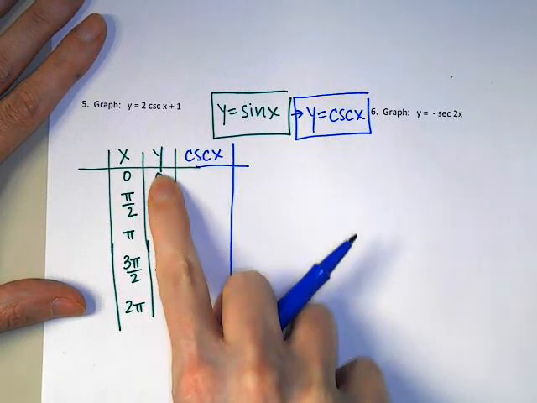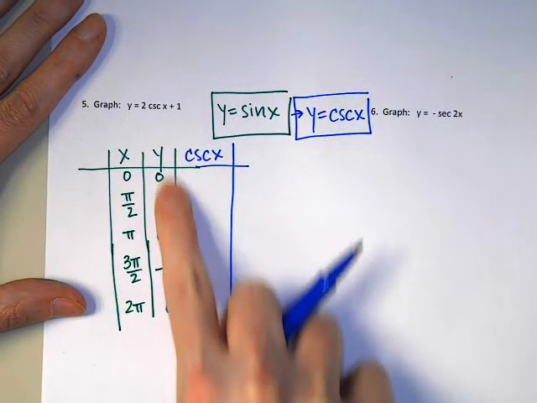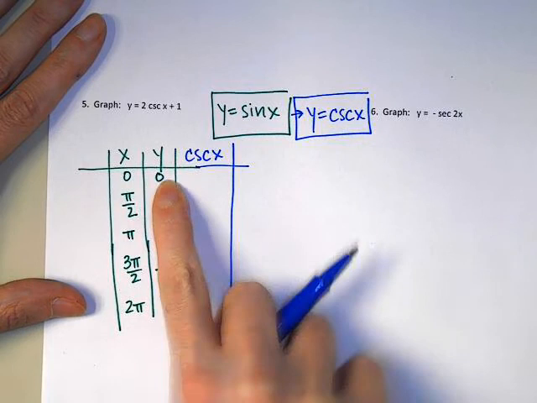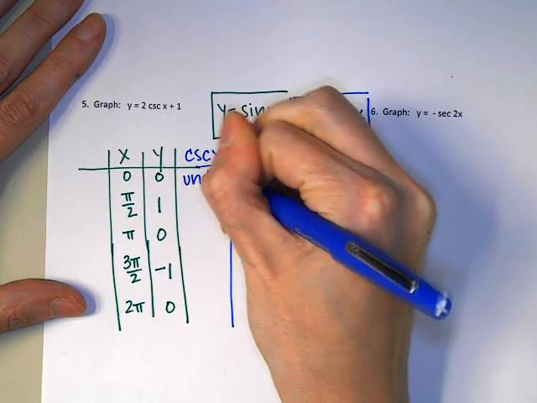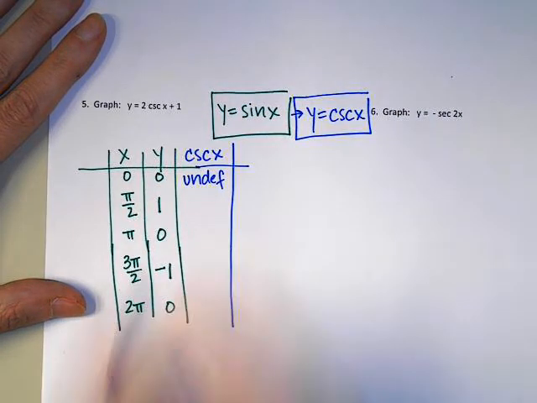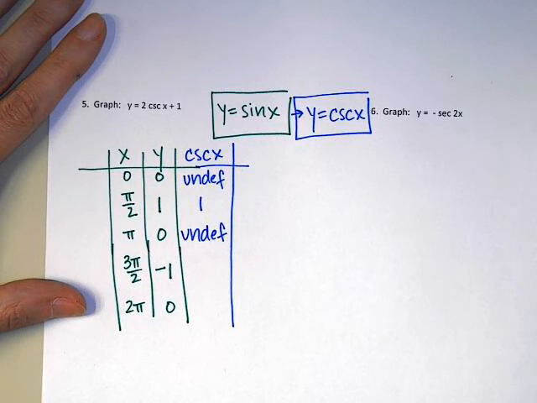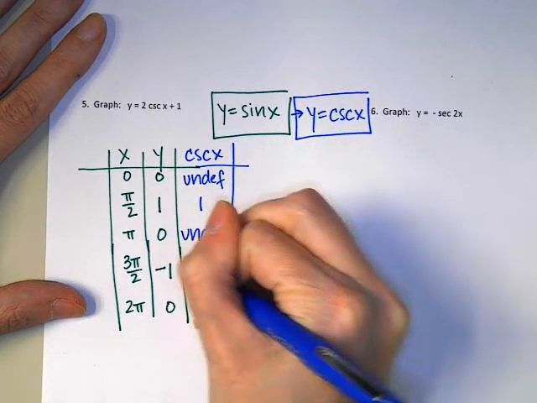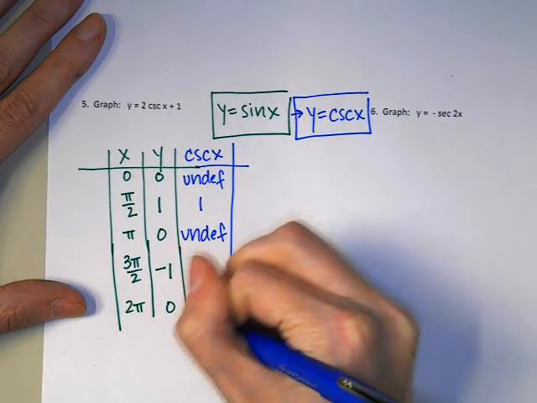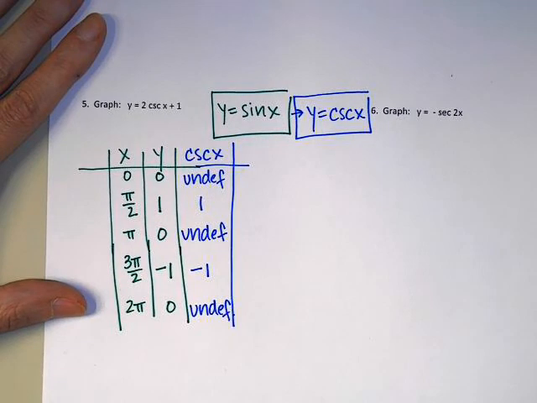So we're just going to take the reciprocal of all of our sine values. The reciprocal of 0 is an undefined asymptote. The reciprocal of 1 is 1. The reciprocal of 0 is again an undefined asymptote. The reciprocal of -1 is -1, and 0 is another undefined asymptote.